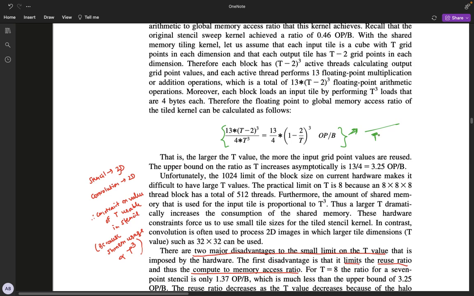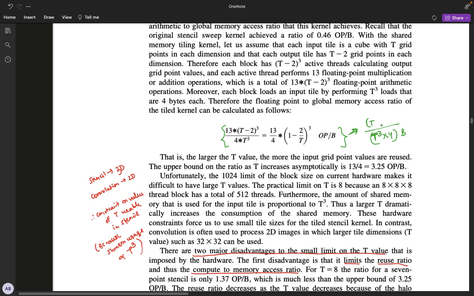Since shared memory is used at the block level, per block the block size is t cube, so t cube threads per block, and each thread loads 4 bytes. The number of flops in the block depends on the number of threads that do the computation.